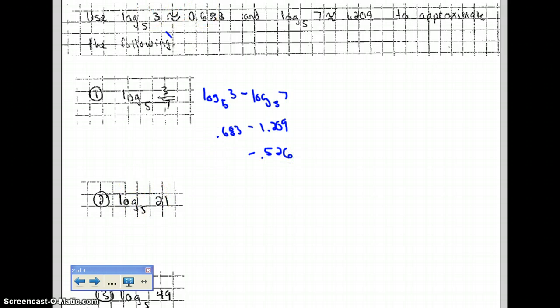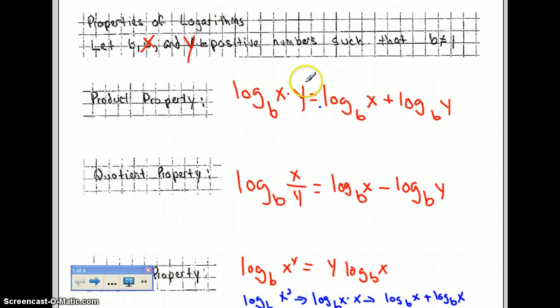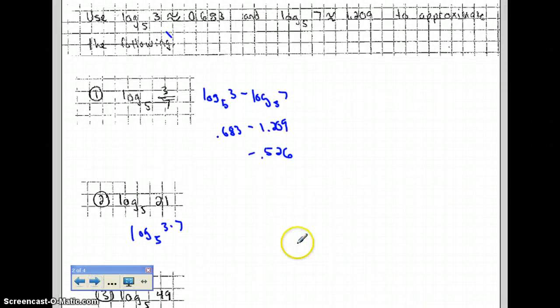So when I look at this, I have 21. Well, I mean, I don't have 21 up here, but I do know that 3 times 7 gets me 21. So I know it's the same thing as me saying log base 5 of 3 times 7. Now, based off the product property that I see right here, if I'm multiplying two quantities to get that number, that is the same thing as me adding the two quantities together. So I got log base 5 of 3 plus log base 5 of 7.